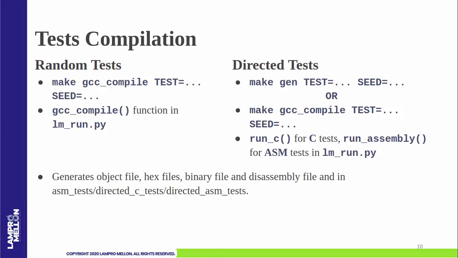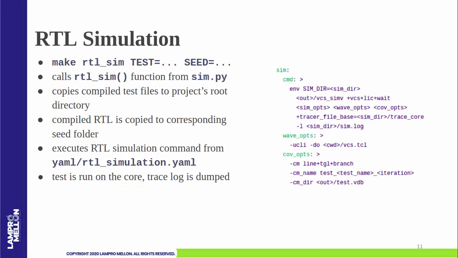Before reaching the gen or GCC compile function, run C or run assembly will have compiled the directed test if there exists any. In case of a directed test, the output folder for compiled binaries and hex files is directed ASM test or directed C test instead of ASM test, which is for random assembly tests.